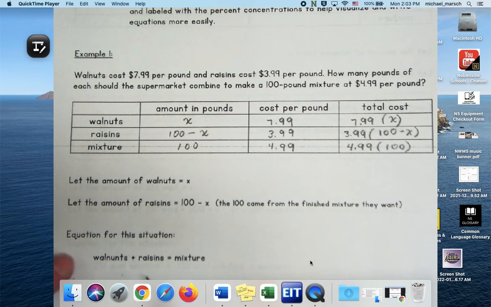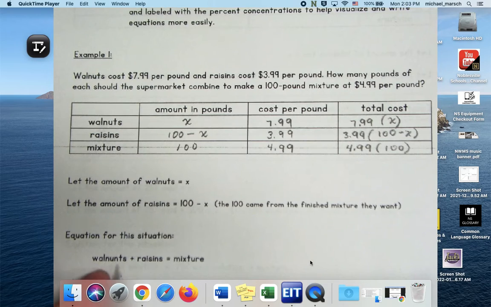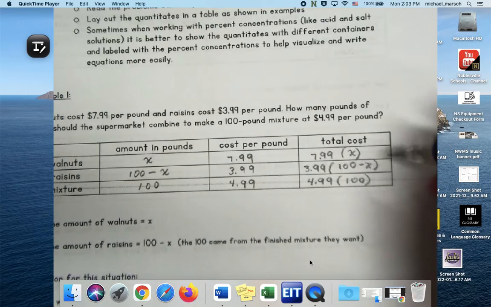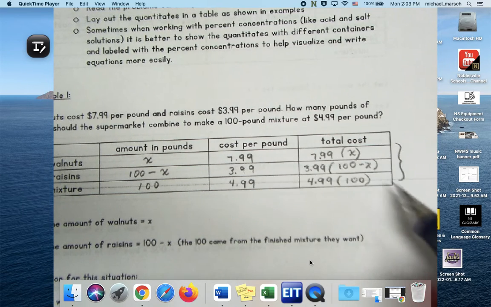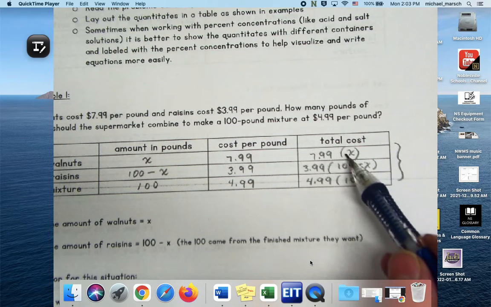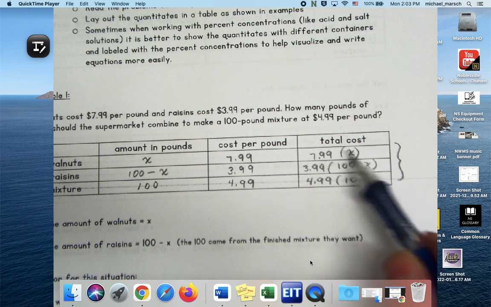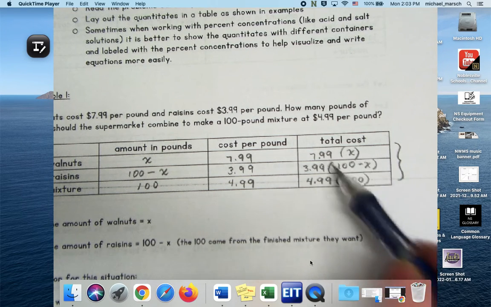So now we're going to write an equation, the walnuts plus the raisins to equal the mixture. So luckily, we have that information here. This plus this will equal that. We don't know what X is yet. So that's why we have all that variable in here.